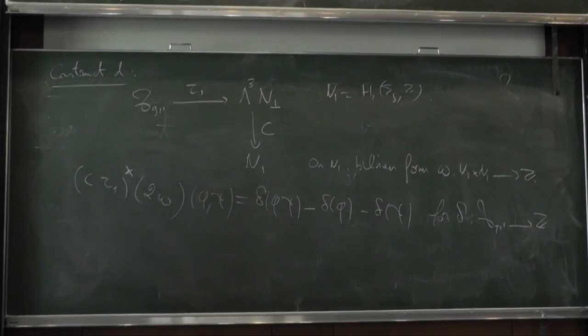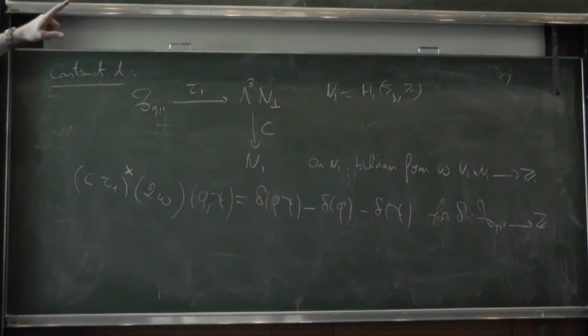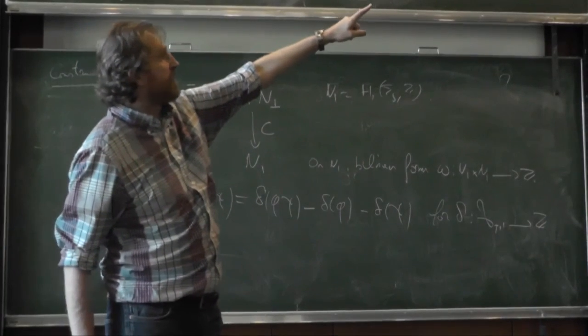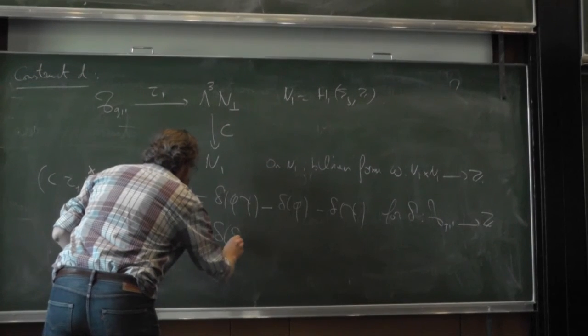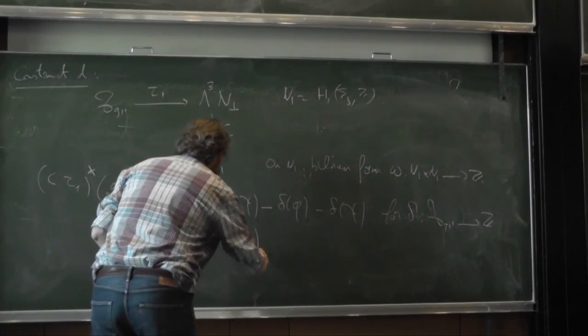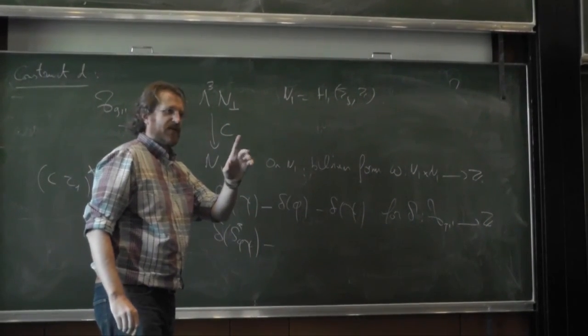If this delta were one of these functions coming from an invariant, then this would also read as your invariant on this sphere.